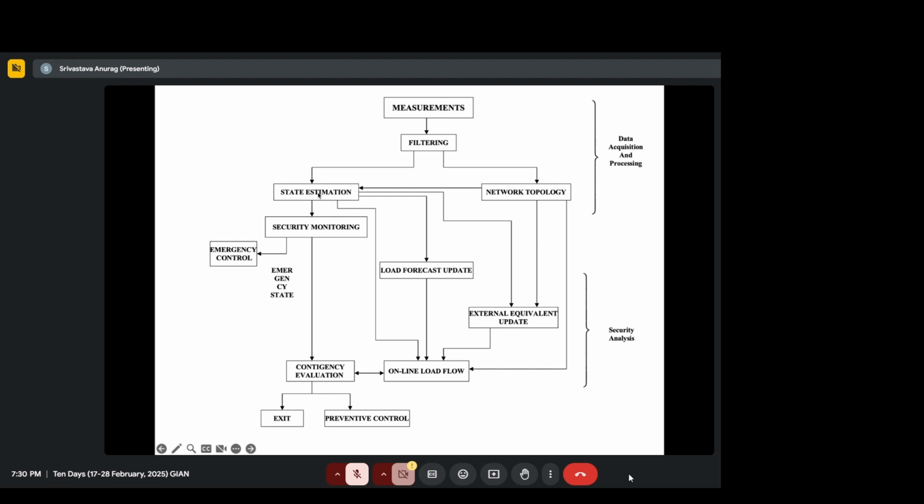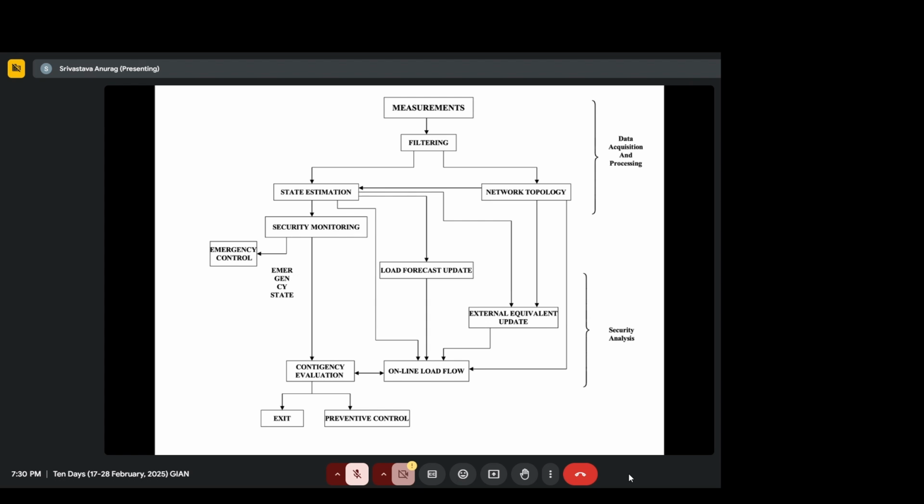After state estimation, we can do the security monitoring, which means that we have the list and we run a power flow, like one iteration or some other way, like DC power flow. It's quick, and we can narrow down the list.